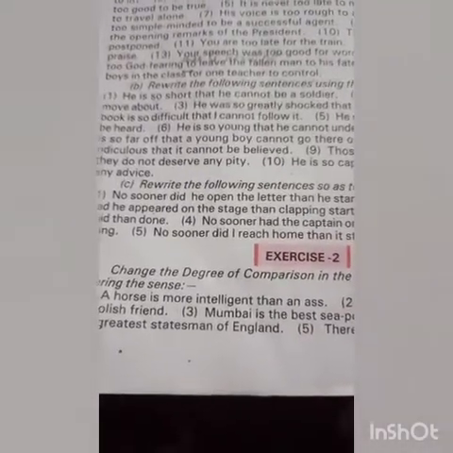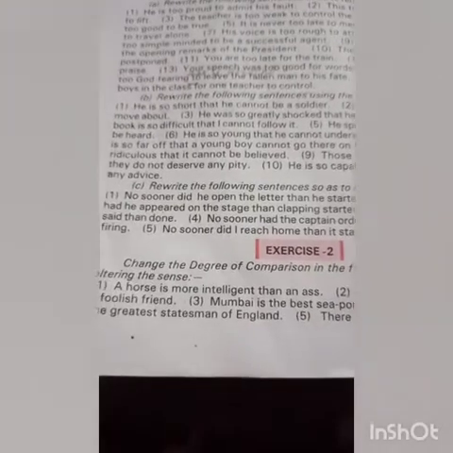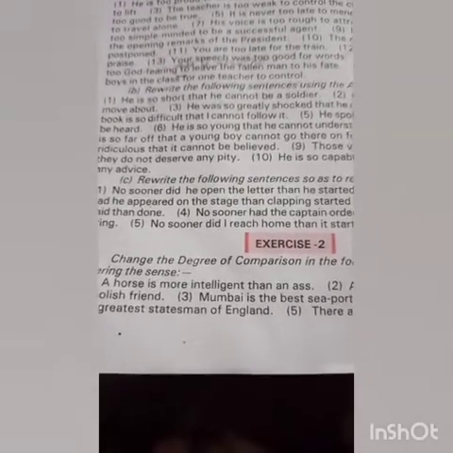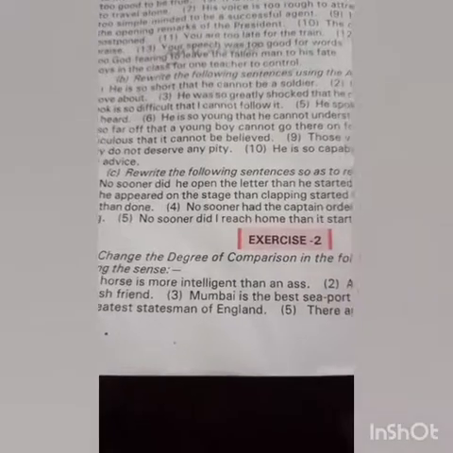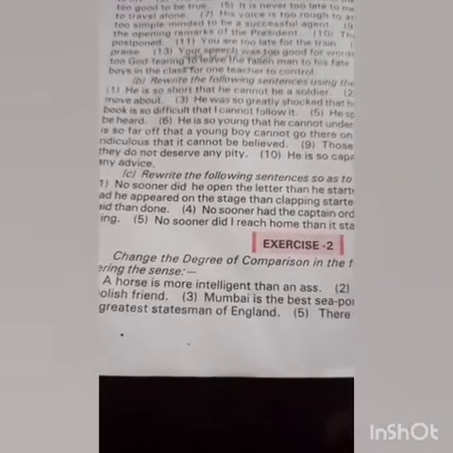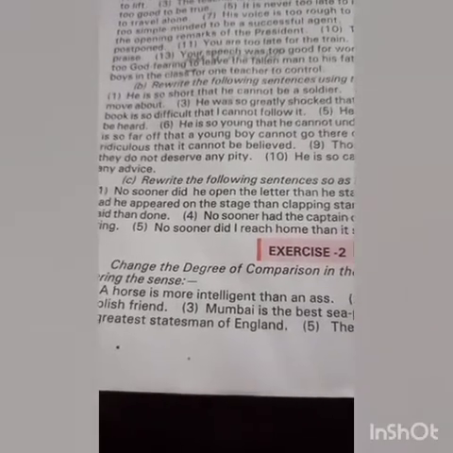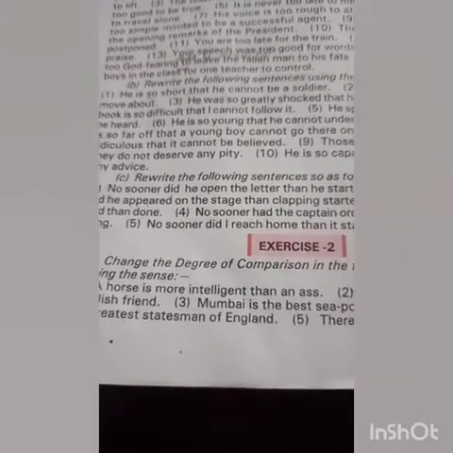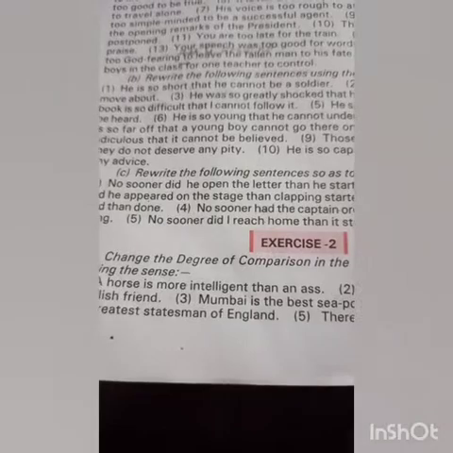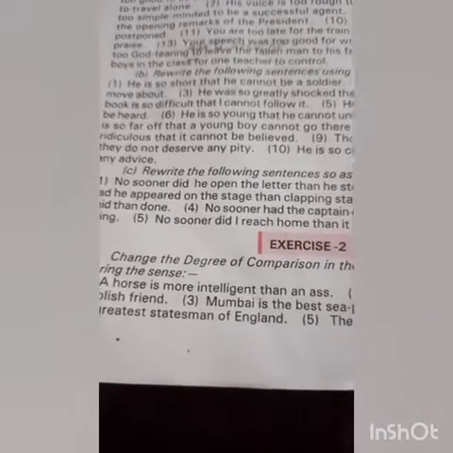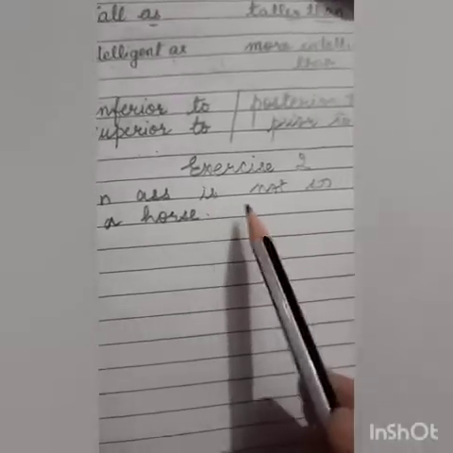An ass is not so intelligent as a horse. I hope you're writing. Okay. Let's note it down. An ass is not so intelligent as a horse.